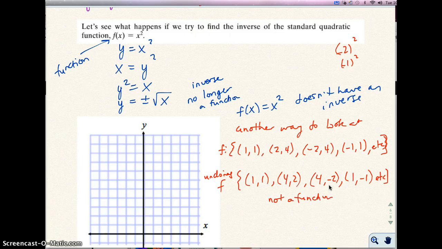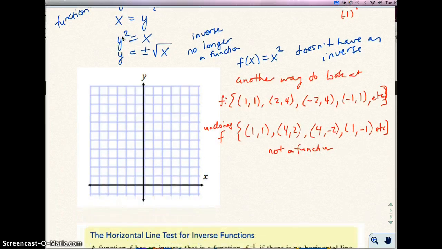So there's no inverse. Okay, let's go ahead and graph this function right here. We know the function, we know it doesn't have an inverse. This is one of those common graphs that y'all should memorize.